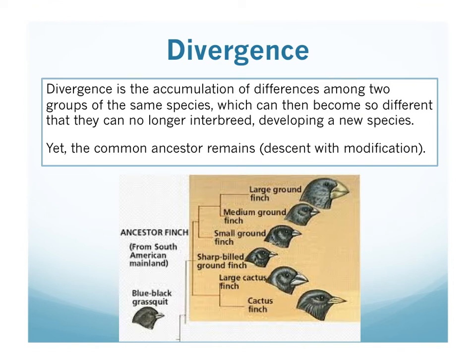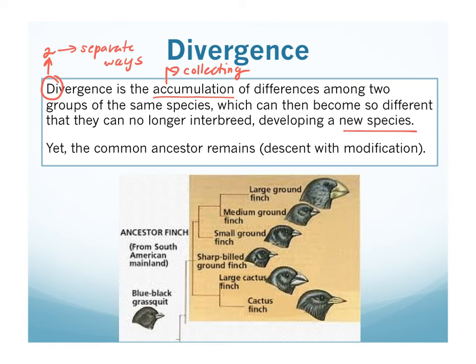So we're going to speak very, very briefly on the concept of divergence. Remember, di means two. Okay, so it means to go into two separate ways. And it's the accumulation or collecting of differences among two groups of the same species, but then they become so different that they can no longer interbreed, and that develops a new species. Yet the common ancestor kind of remains.